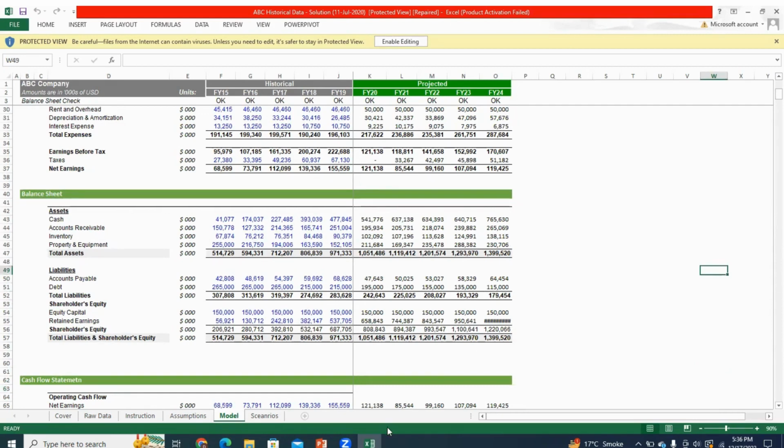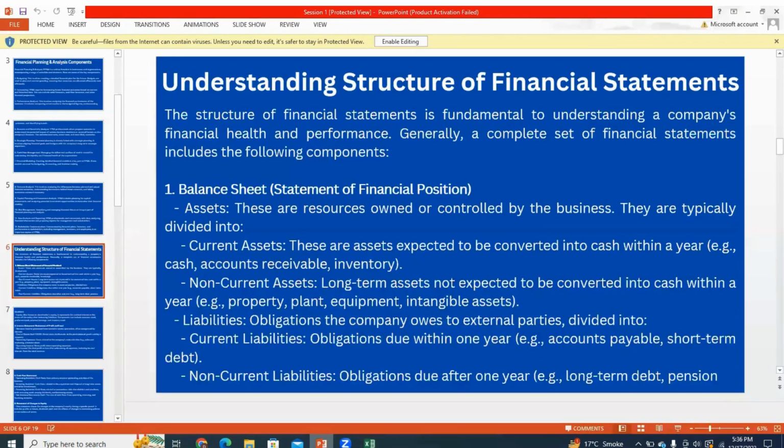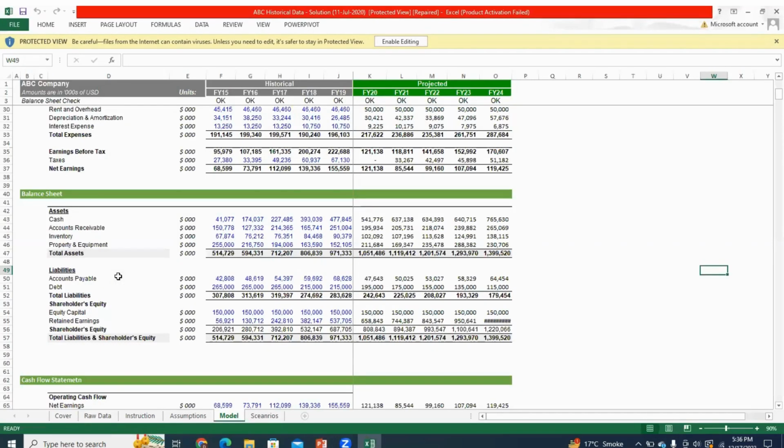So this is the projected financial statement. Let us see further the balance sheet. First thing is the balance sheet, the statement of financial position. It shows the position where the company stands. First of all, we have the assets, which are long term as well as short term assets. Remember, in financial modeling we have certain key assumptions. As a best practice, our assets start from the current assets and end at the non-current assets.